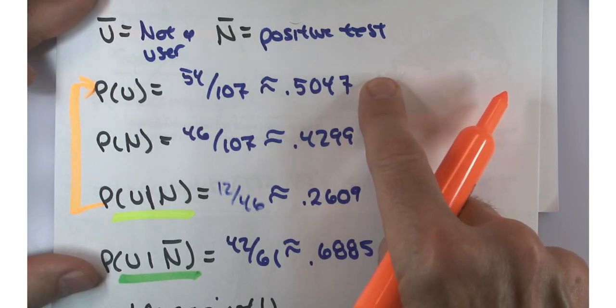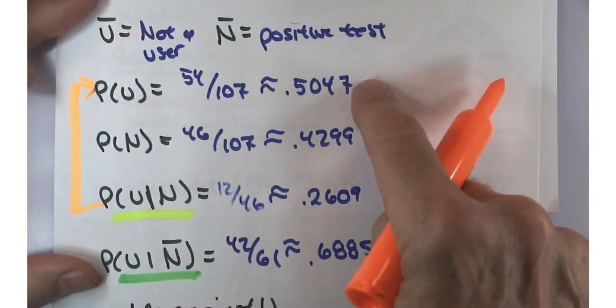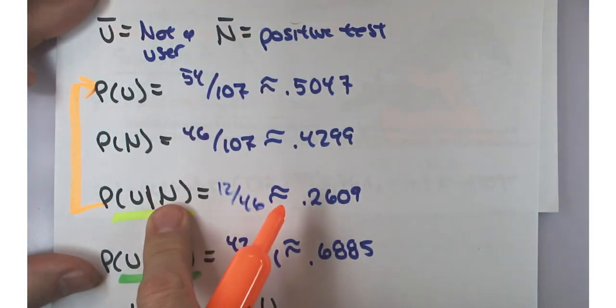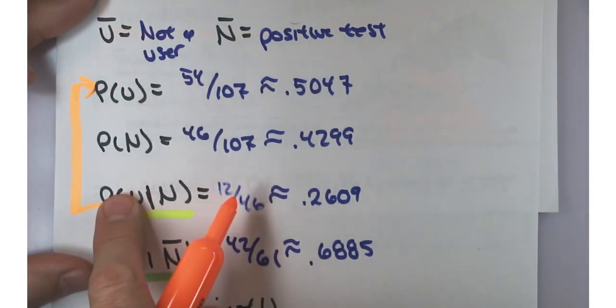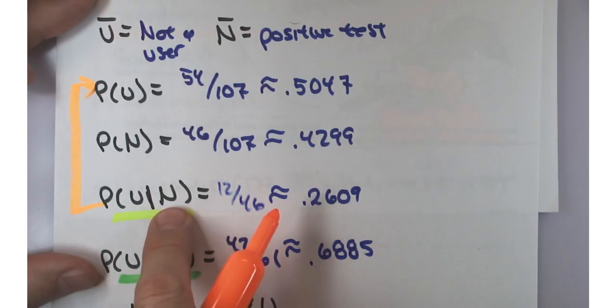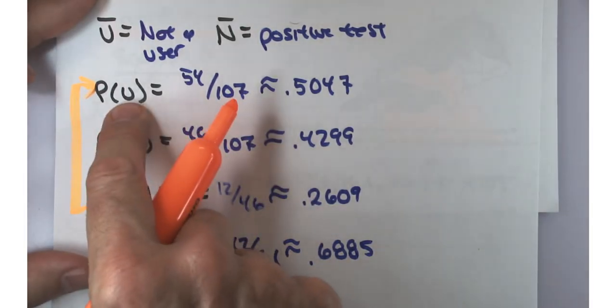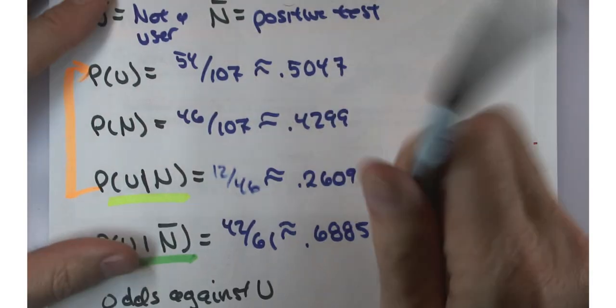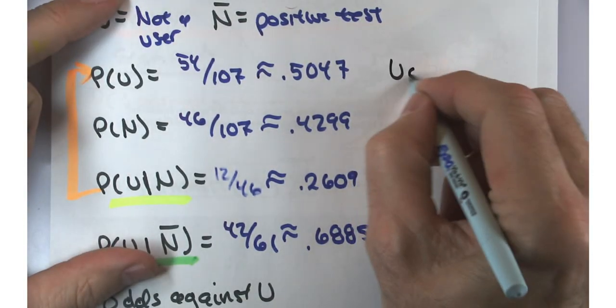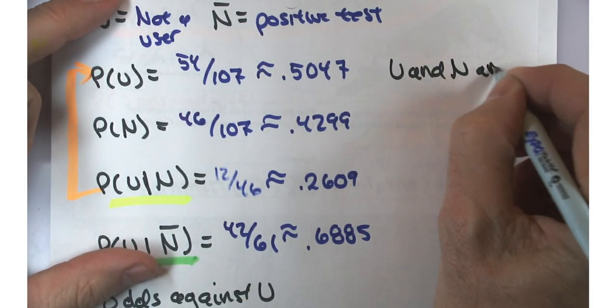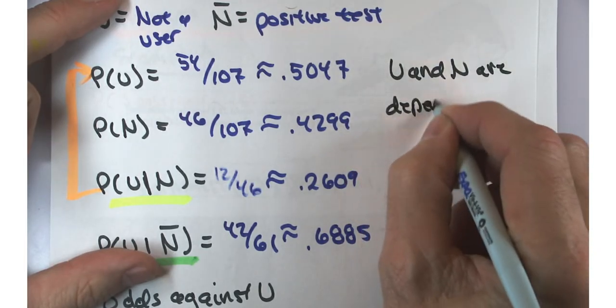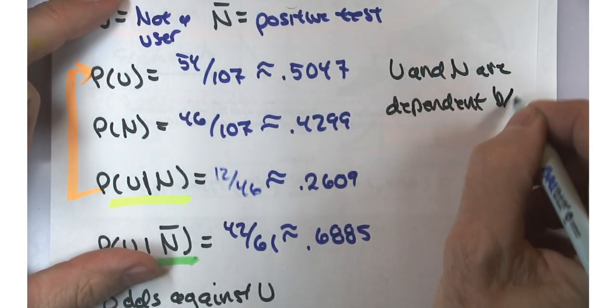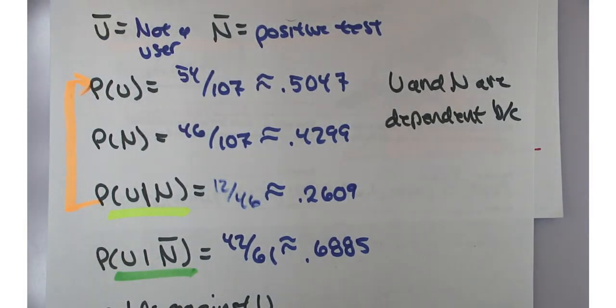Yeah. If it didn't, they would be independent. Then whatever happens here doesn't affect what happens here. They'd be independent. But because the knowledge of this result changed this probability, they're dependent. So U and N are dependent because the outcome of N changes the probability of U.